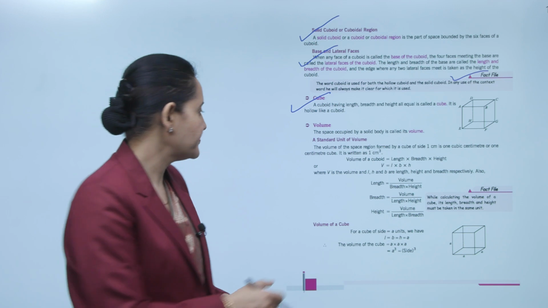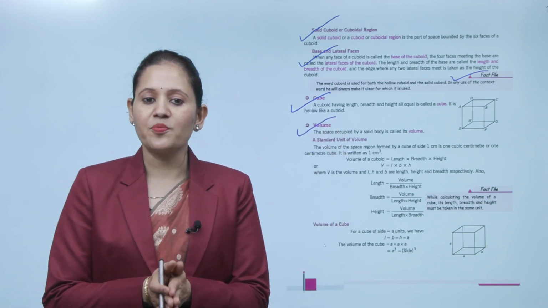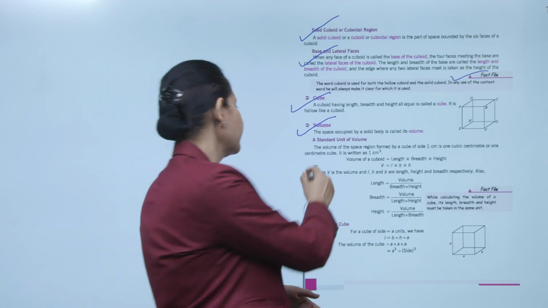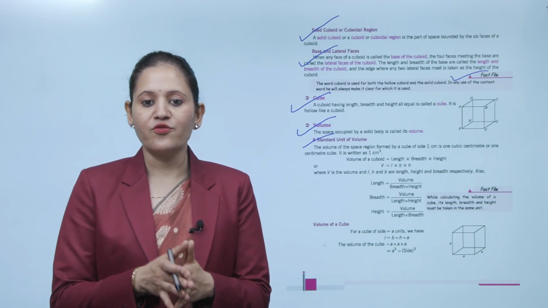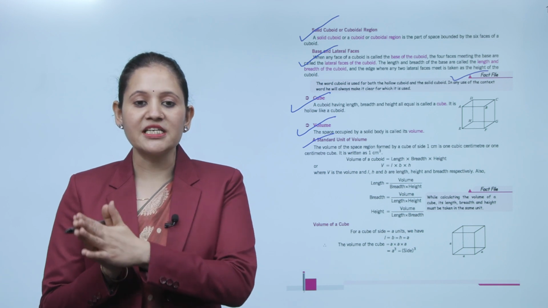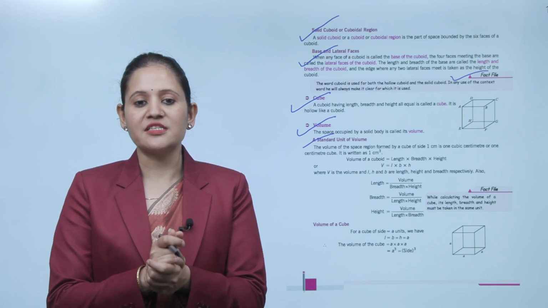Next is volume. The space occupied by a solid is called volume. A standard unit of volume: the volume of a space region formed by a cube of side 1 centimeter is 1 cubic centimeter, written as 1 cm cube.